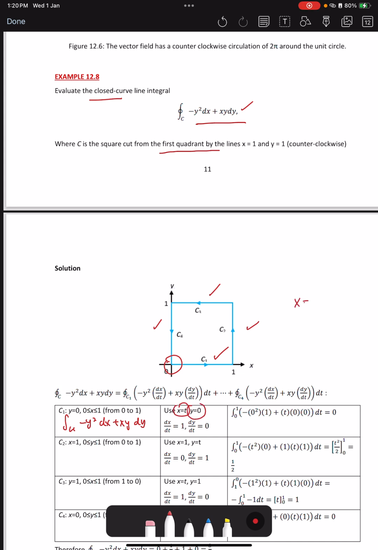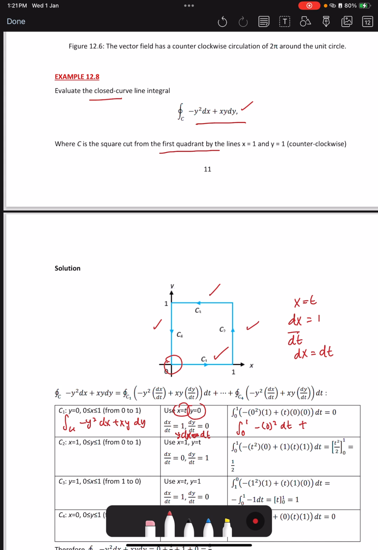So x equals t, dx will be equivalent to 1, so dx is equivalent to dt. dy over dt is 0. So you transform it here: C1 from 0 to 1, negative y squared, y equivalent to 0, 0 power of 2, and then dx, where dx is equivalent to dt.